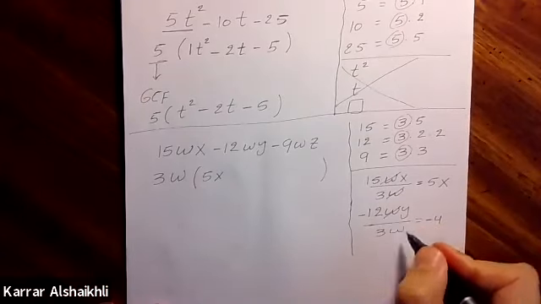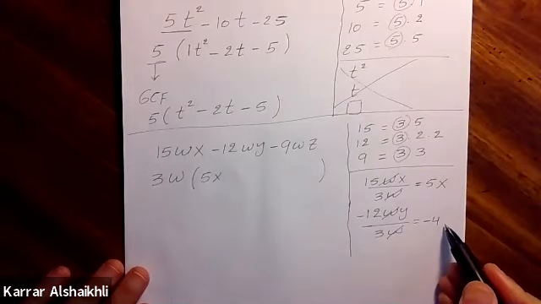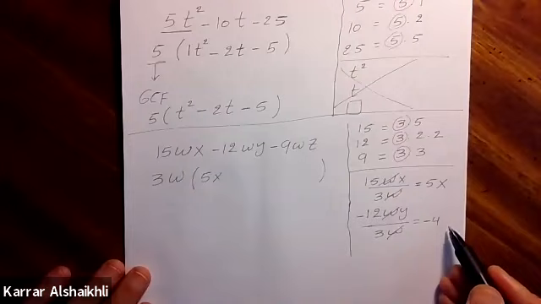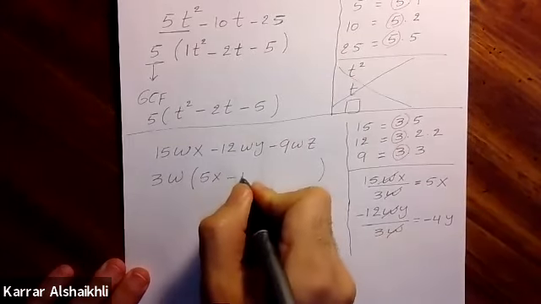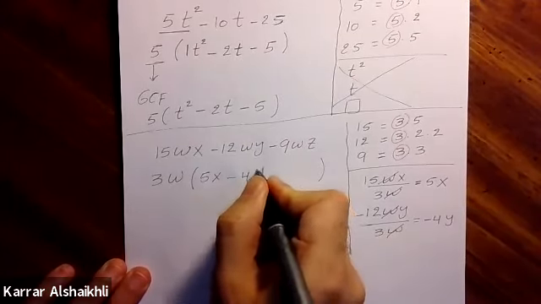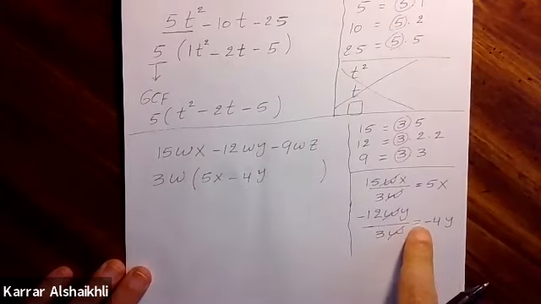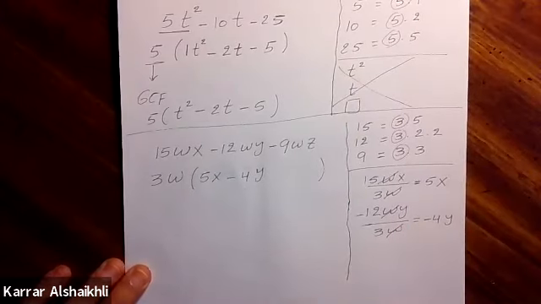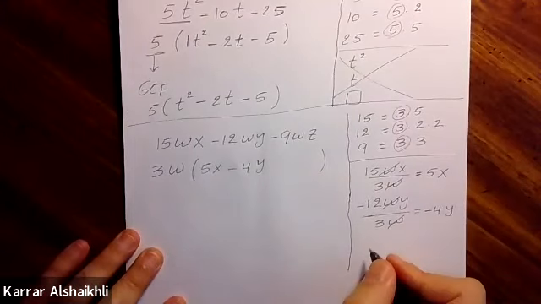Cancel the w. What's the leftover here? Someone tell me. What's the leftover? Y. So it's going to be here minus 4, and here's the y. Minus 4y.